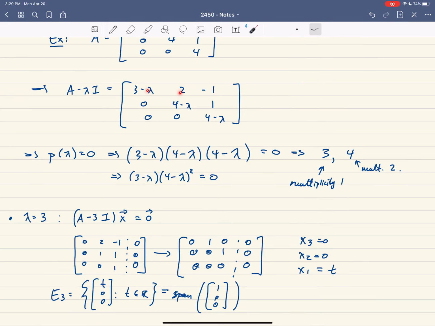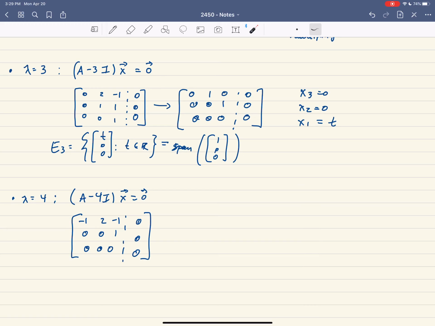So you get negative 1, 2, negative 1, 0, 0, 1, 0, 0, 0. When you simplify this, do some row operations, you'll end up with eventually the matrix where that term cancels off. So now you have negative 1, 2, and I'm just going to switch the sign. So this will be 1, negative 2, 0, and then a row of zeros.